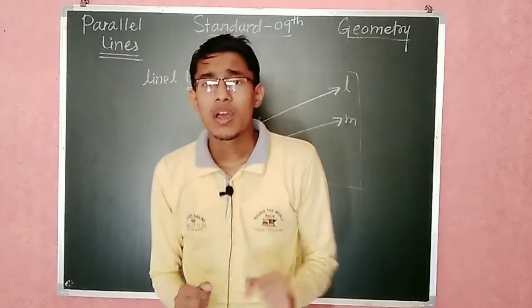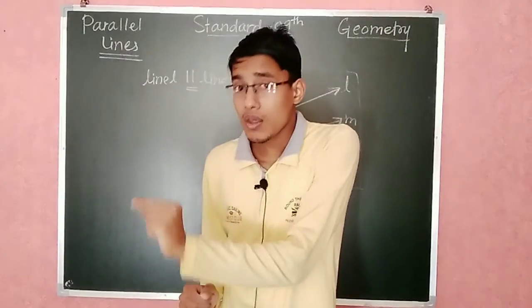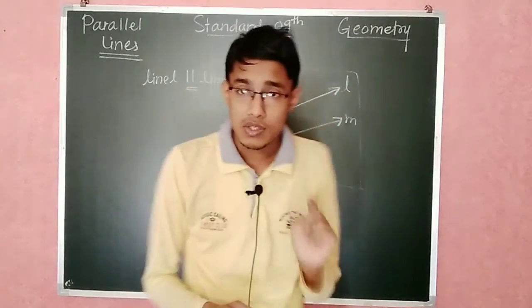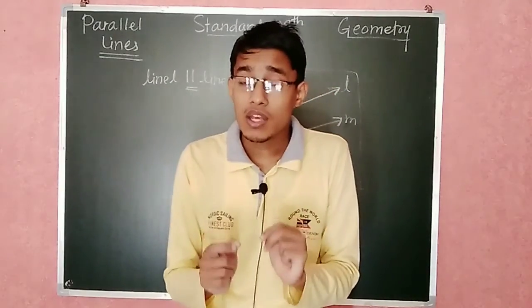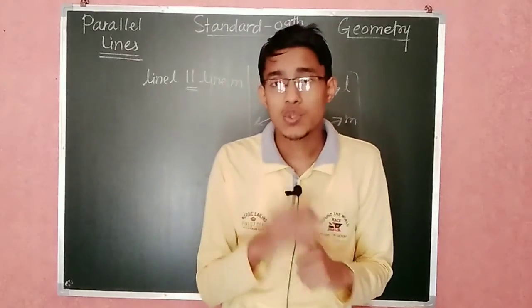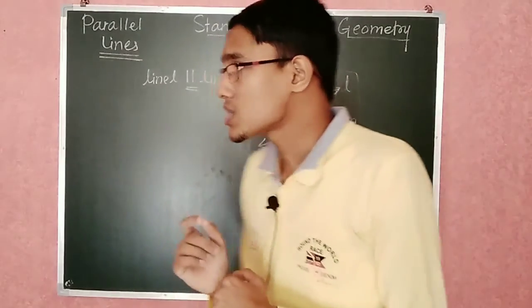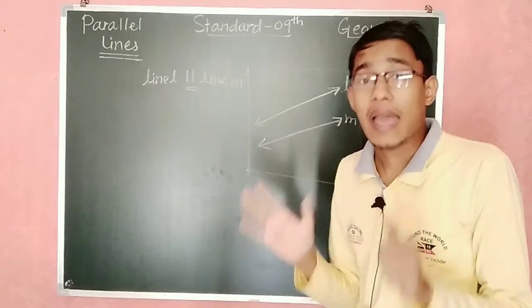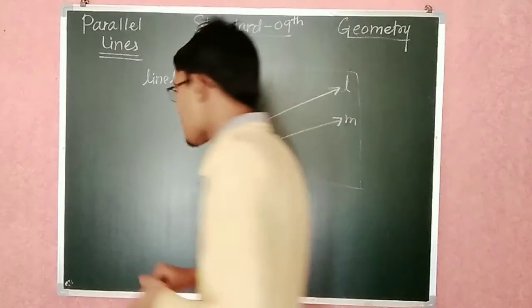If any other line intersects these two parallel lines, that line is called a transversal. Whenever a transversal intersects two parallel lines, it creates some angles, as we have studied in standard 8.